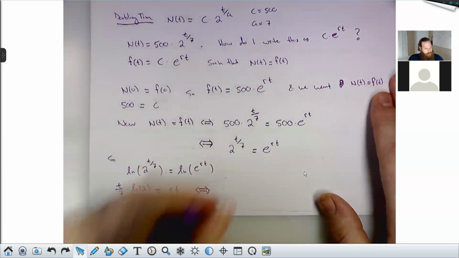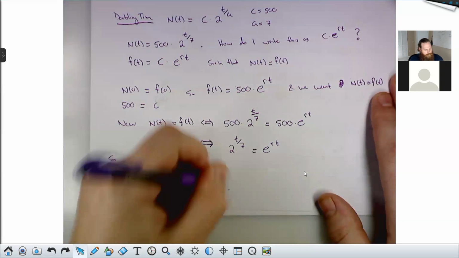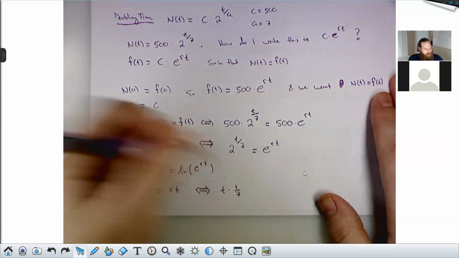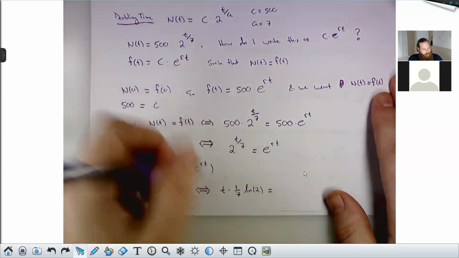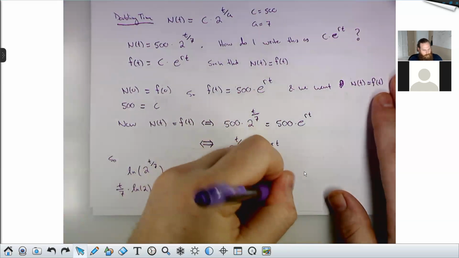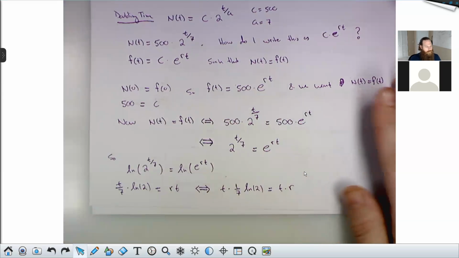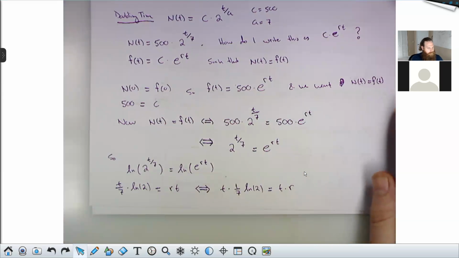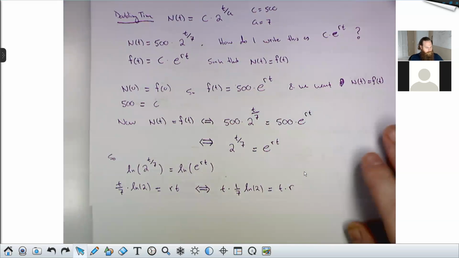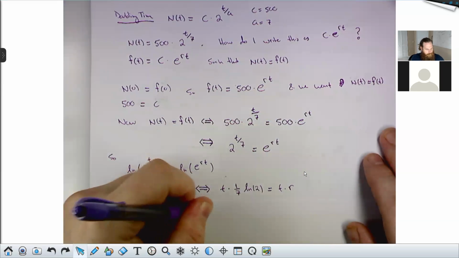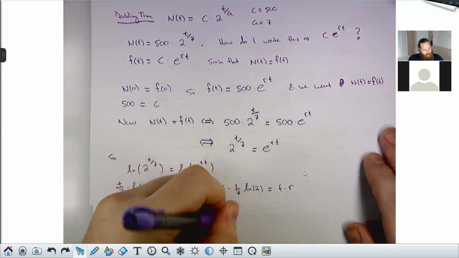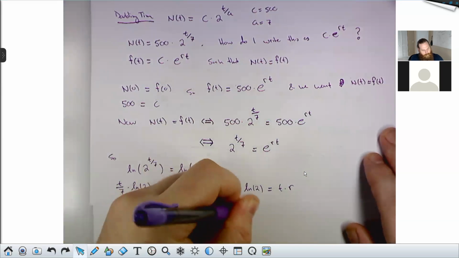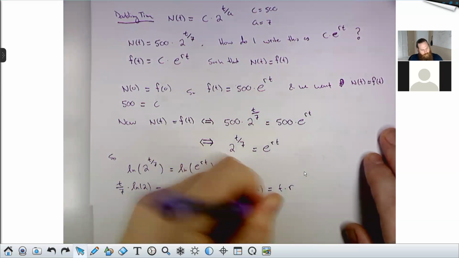I'm going to write this as t times 1/7 natural log of 2 equals t times r. If you then divide both sides by t, then you'll get 1/7 times the natural log of 2 is equal to r.